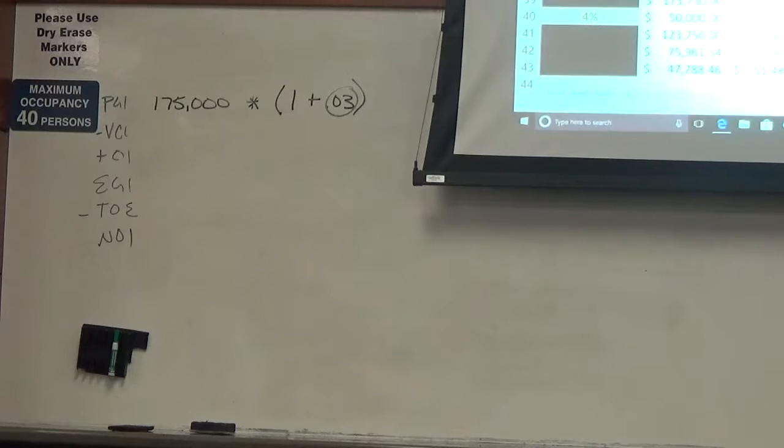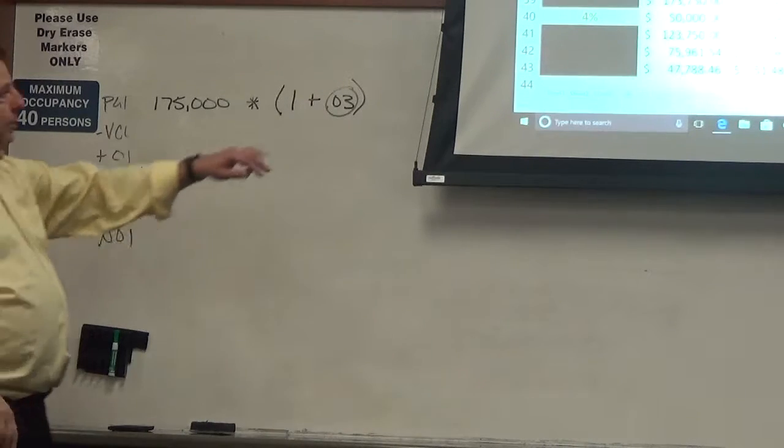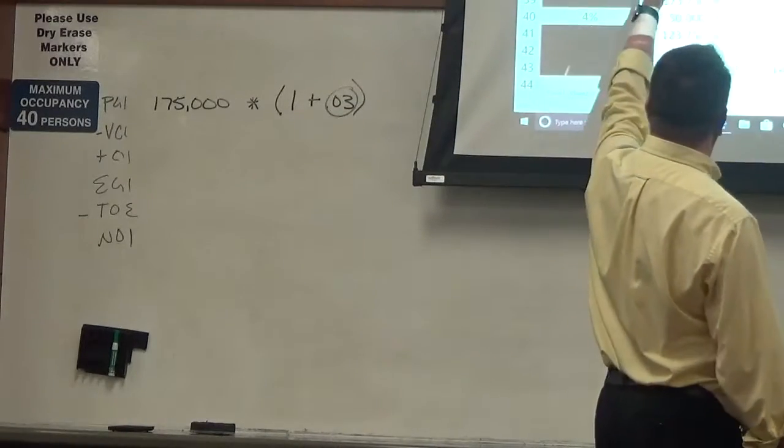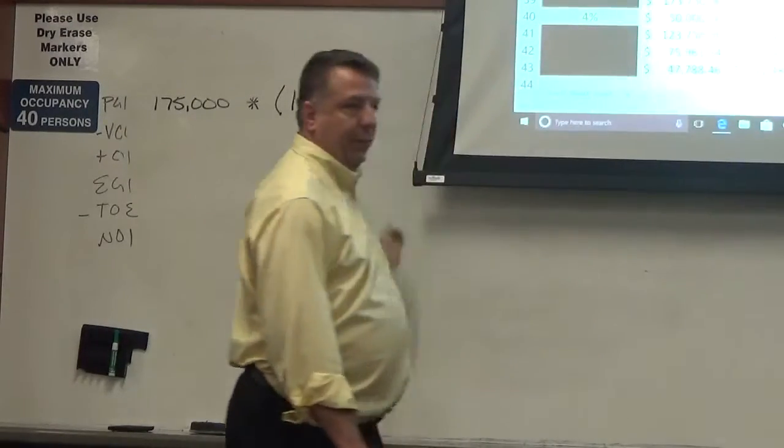Now, what I did, it looks like, is I potentially hard-coded the B36 without even trying to copy it over, and I probably just retyped it again. But you can see that each year, as you go over, you're simply taking the previous year times 1 plus the growth rate.